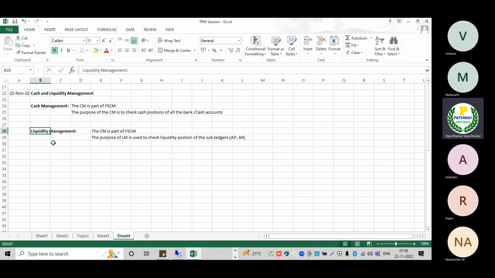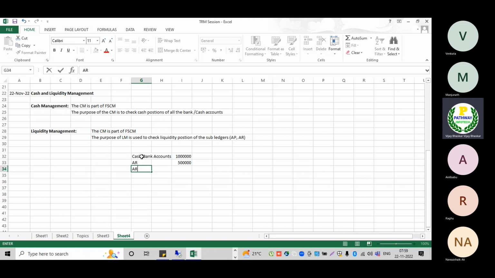The incoming amount is 5 lakhs rupees, but the payables amount would be 20 lakhs rupees. I will give a small example here. Let us assume my cash and bank accounts have a balance of 10 lakhs rupees. Then accounts receivable, we have around 5 lakhs rupees as the balance.